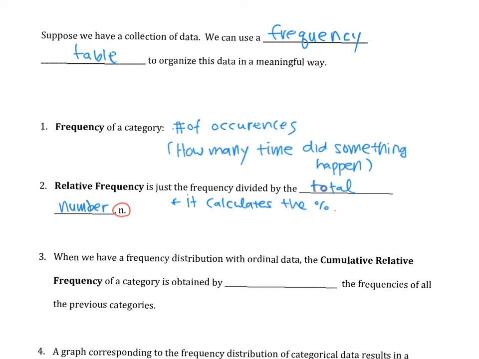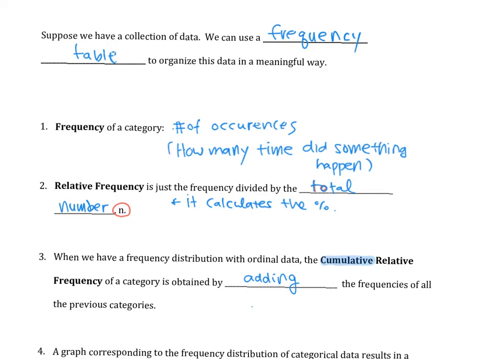We're going to talk about cumulative relative frequency. I'm going to highlight cumulative. It just means that we're taking a subtotal. So the way we calculate the cumulative relative frequency is by adding the frequencies of all the previous categories.